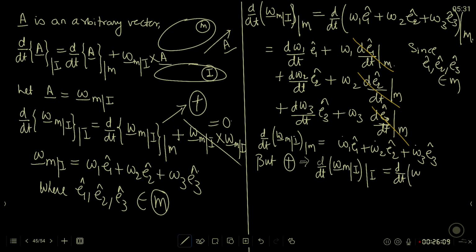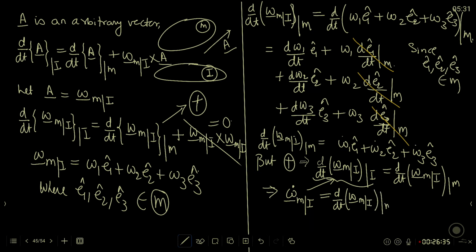It means that omega mi dot, which is nothing but this, a shorter version of this left hand side, is d dt of omega mi with respect to m. But that I have found to be this. Right?